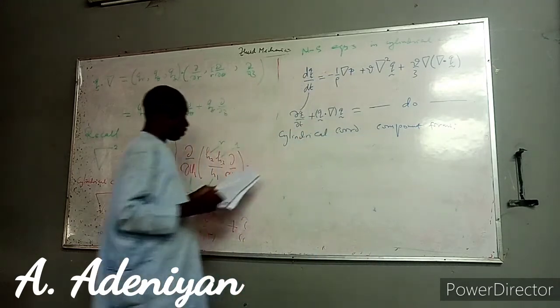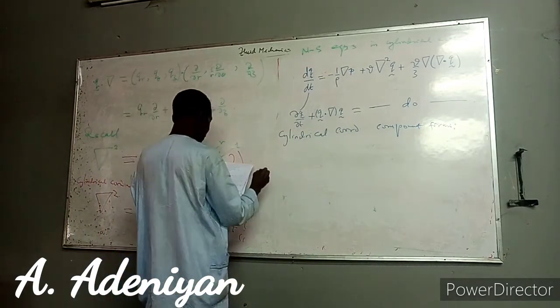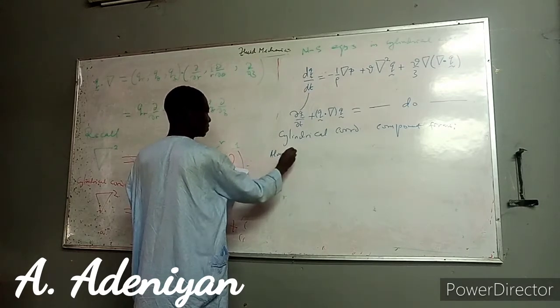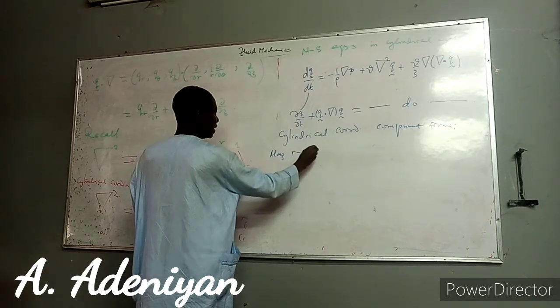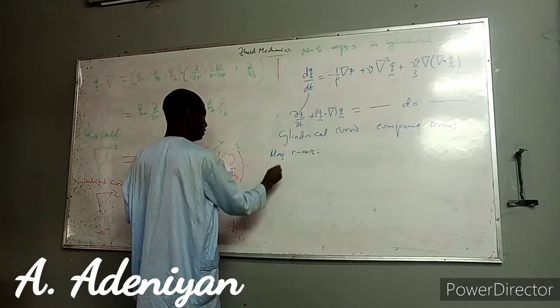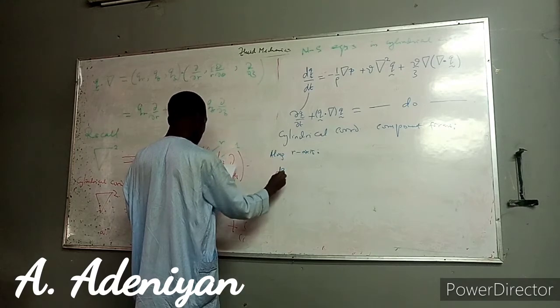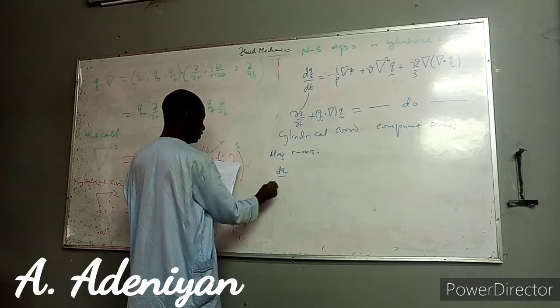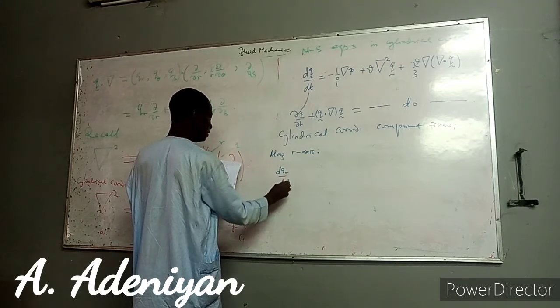Component form. So along the R axis, it can be written as dqr/dt, because qr is the component along that.